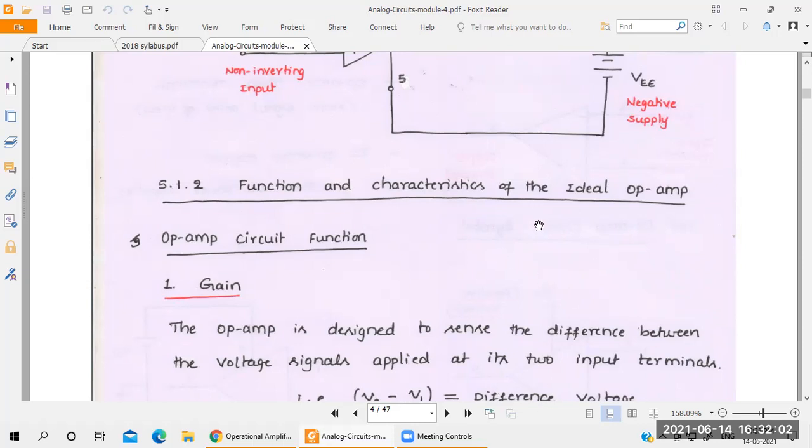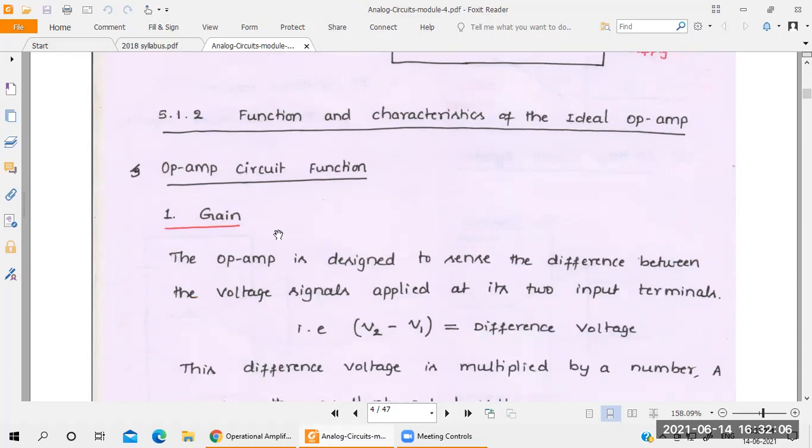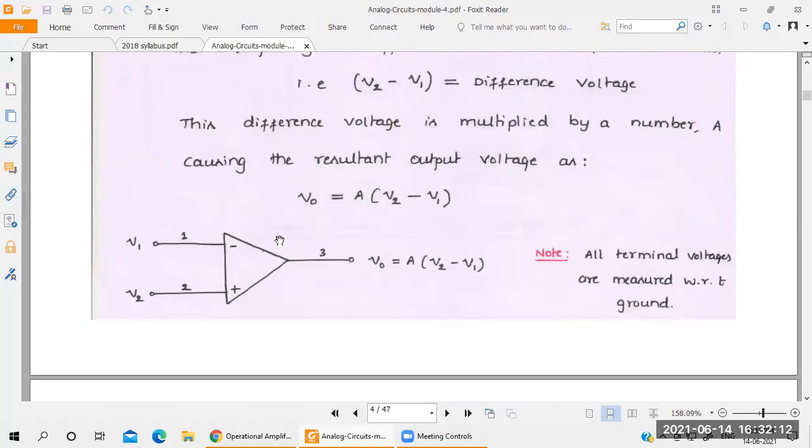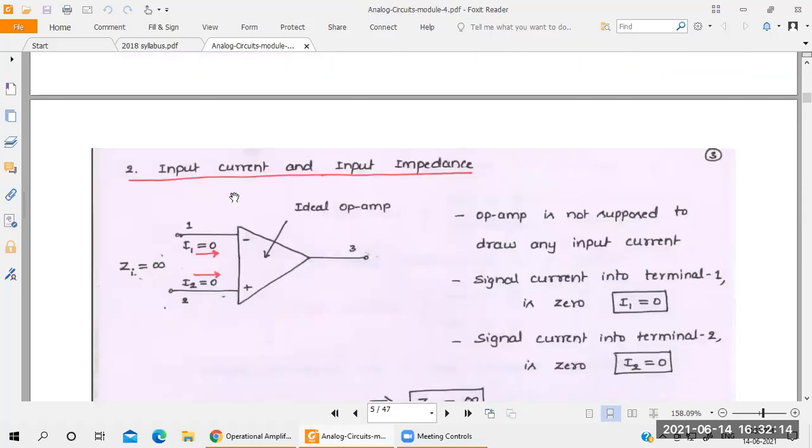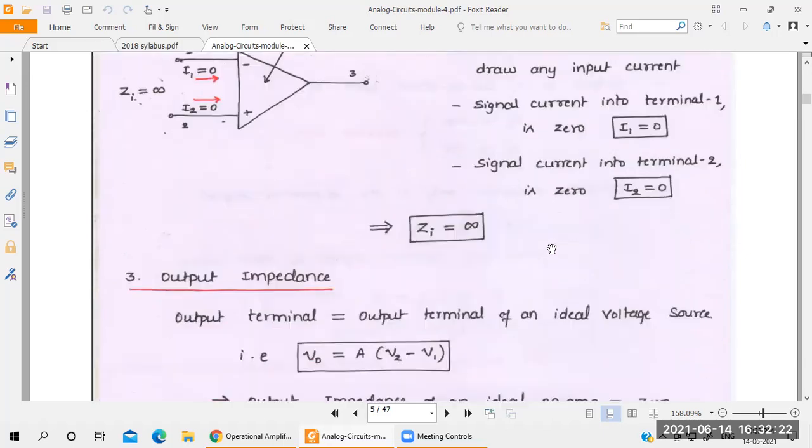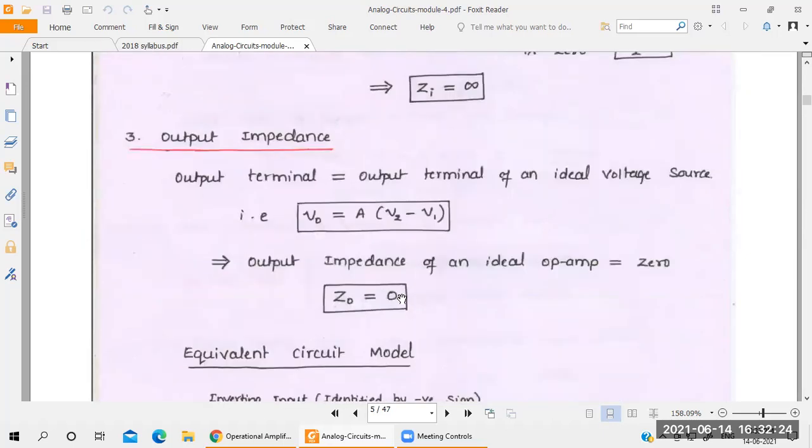So what are the characteristics here? Gain. First you have to take gain. Gain should be very high. The second one is input current and input impedance. Next, output impedance.